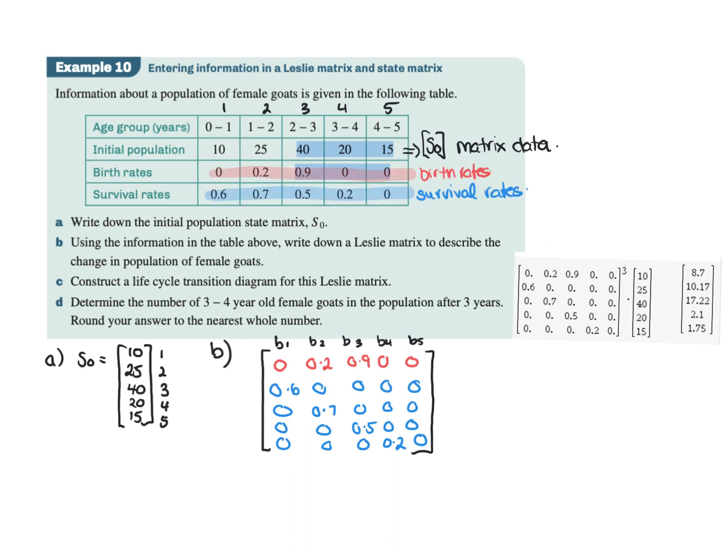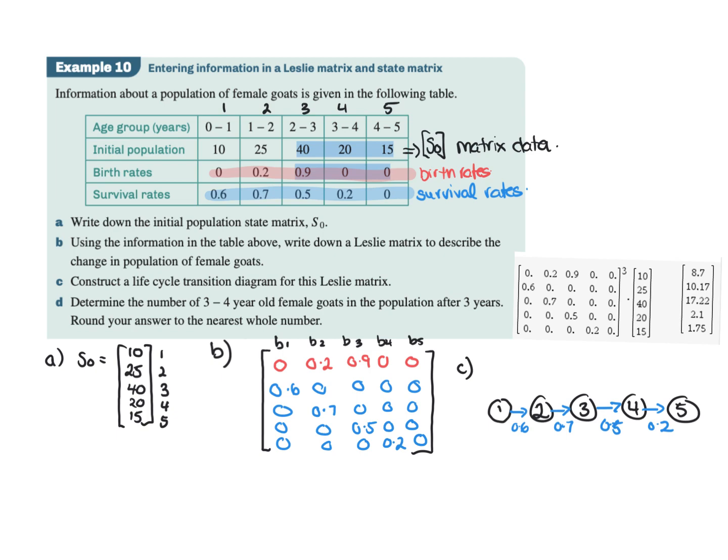Okay, to keep going, C, they want me to construct a life cycle, so I need the 5 age groups in little circles across there. We put our survival rates along the bottom. And if you're in the exam, if you've highlighted them with color coding, that might stop you doing what I did before, accidentally reading the wrong one.